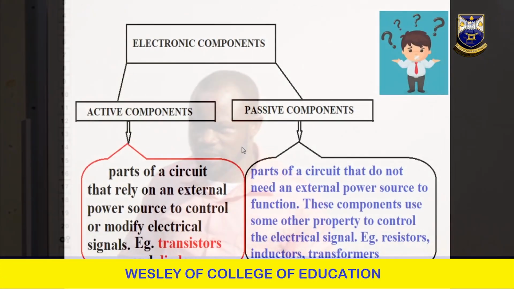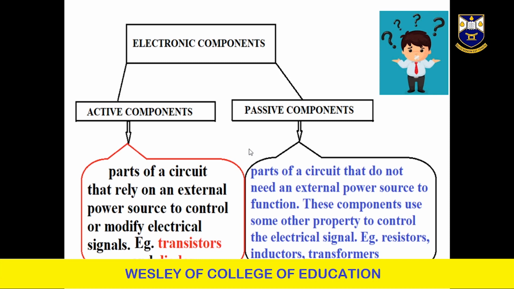So if we look at the active components, they are parts of a circuit that rely on an external power source to control or modify electrical signals. Examples are transistors and diodes.